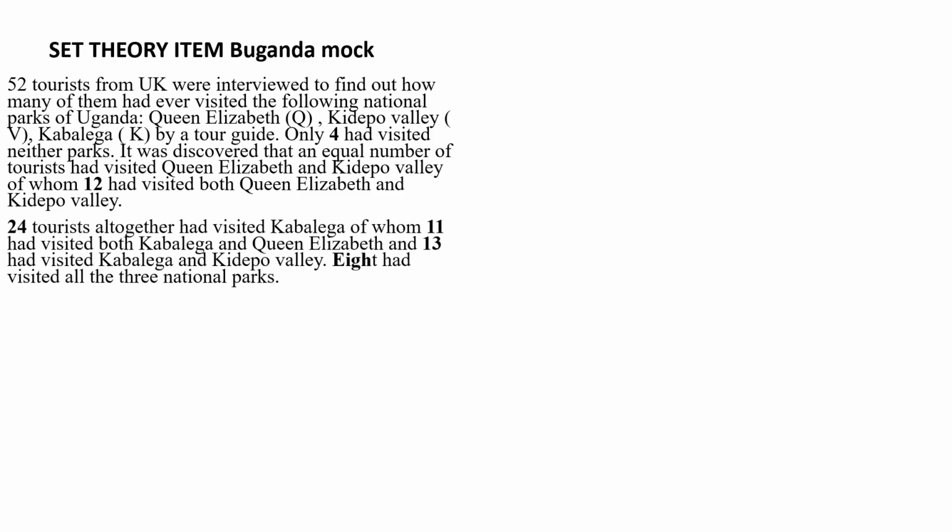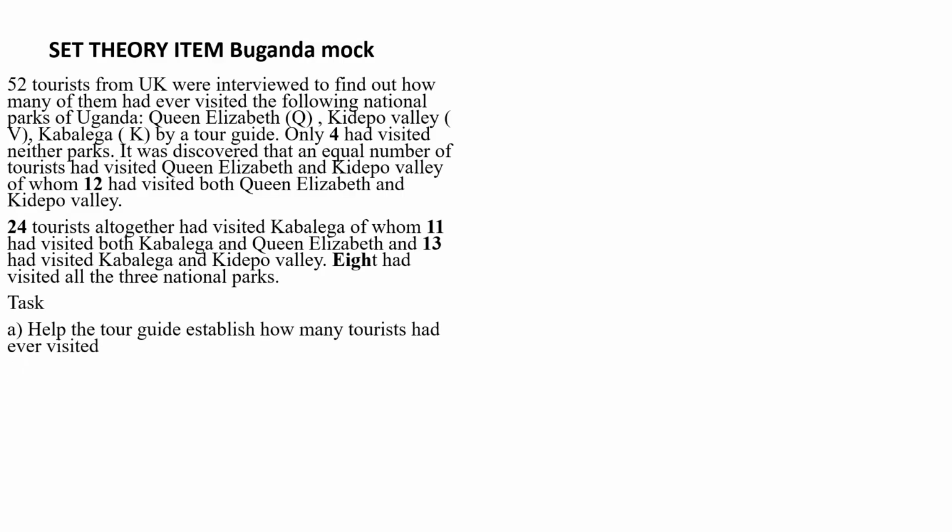It was discovered that an equal number of tourists had visited Queen Elizabeth and Kidepo Valley, of whom 12 had visited both Queen Elizabeth and Kidepo Valley. 24 tourists altogether had visited Kabalega, of whom 11 had visited both Kabalega and Queen Elizabeth, and 13 had visited Kabalega and Kidepo Valley. 8 had visited all the 3 national parks.